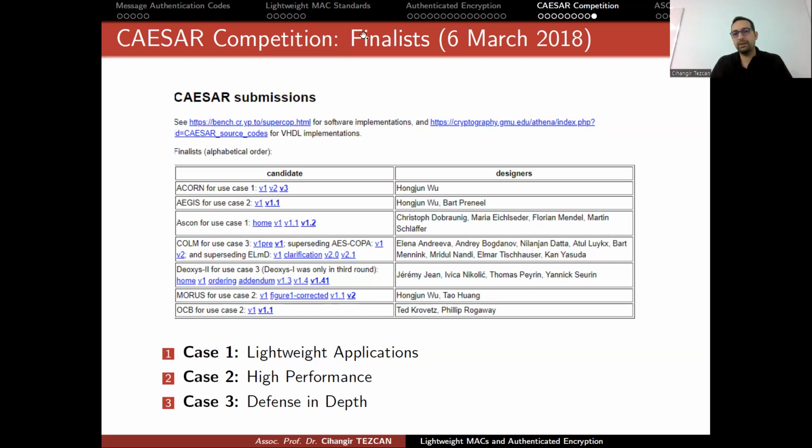Of course, this doesn't mean that it will win the competition, but it is a very good candidate, because until this point it has already received many analyses and many cryptanalytic results, but it still stands strong. This makes Ascon a good candidate to be standardized by NIST. But again, there are many good candidates among the finalists, so we don't know which algorithm or algorithms will be the winner of the competition.